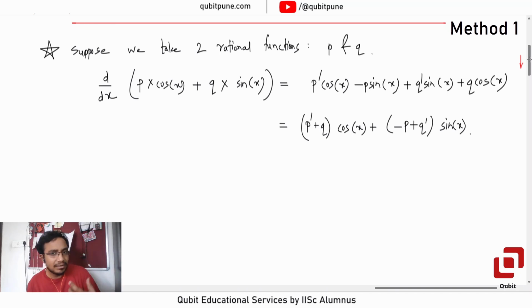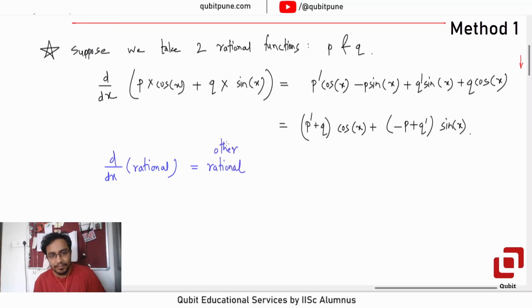Now you might ask, why are we doing it? The reason behind that is the fact that the derivative of a rational function is always some other rational function.